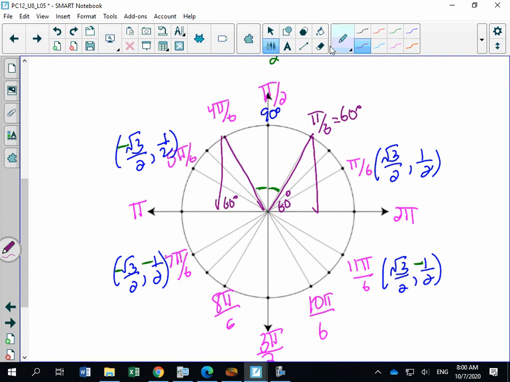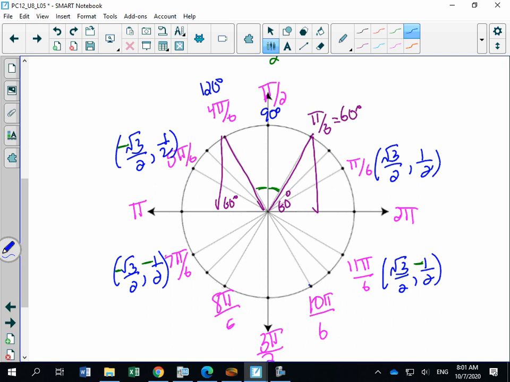So that's 60 degrees, and how we would get this one in degrees is if this is 30, this slice of the pie is 30, 90 plus 30, that would be 120 degrees. So 4 pi over 6, which reduces to 2 pi over 3, that would be 120 degrees. But the triangle itself is a 60 degree.